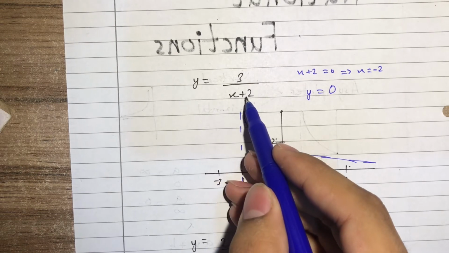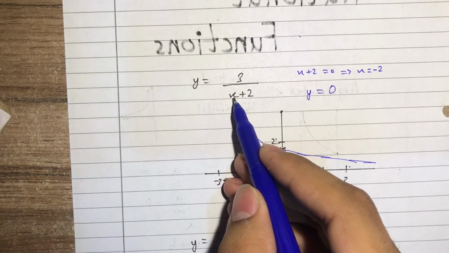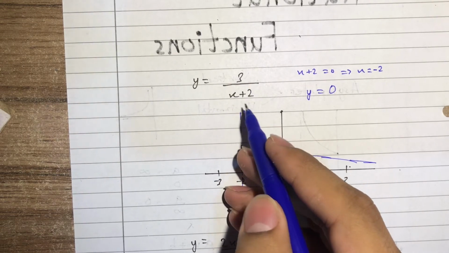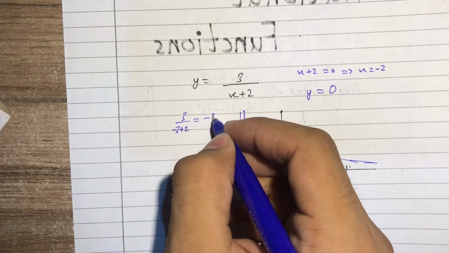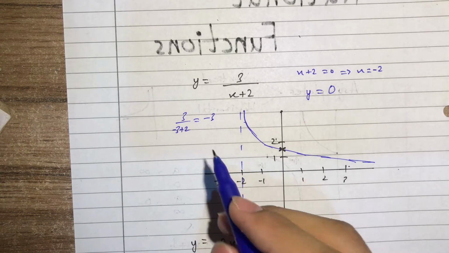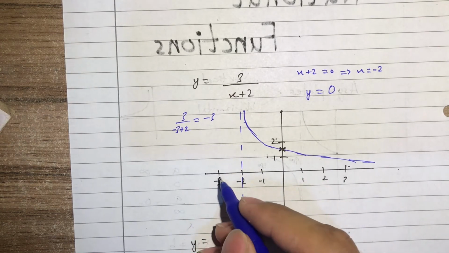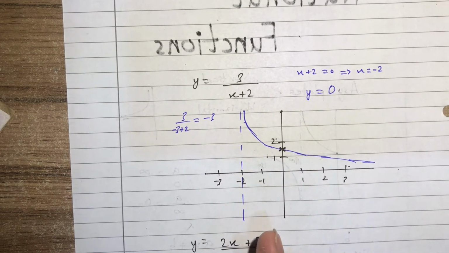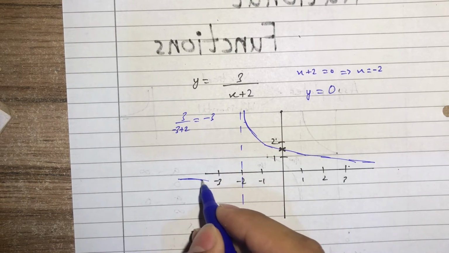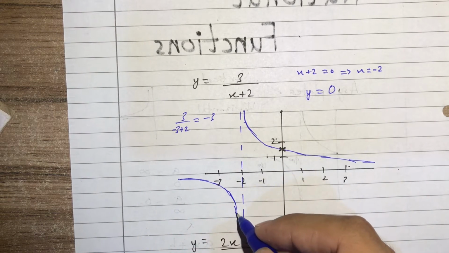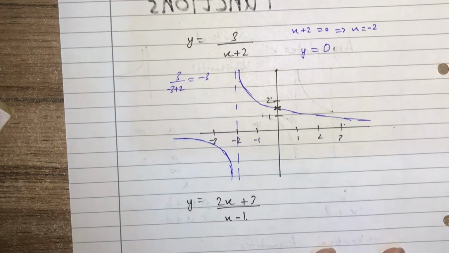So negative 3 plus 2 will give us negative 1. So 3 upon negative 1, this is negative 3. That means that the second part lies below the x-axis and obviously left of the asymptote. So it will be somewhat like this. We're just sketching it, so it doesn't matter if it's not precise.